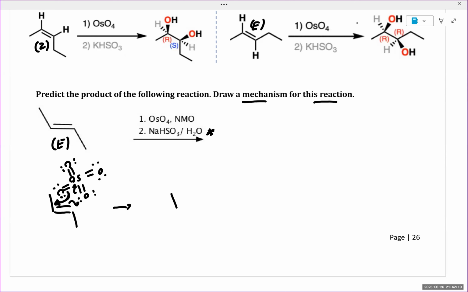From here, that in turn installs the osmate ester with both of the oxygen atoms on the same face. After reduction and treatment with sodium hydrogen sulfite, that in turn yields our syn diol.